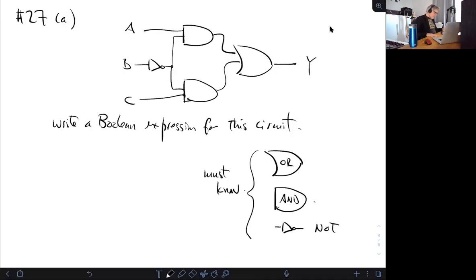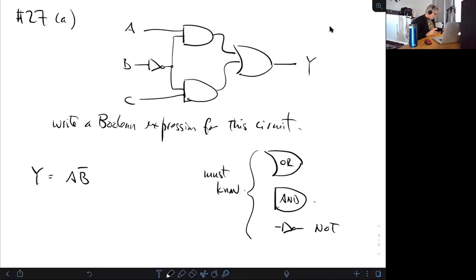So now I want an expression for this. The output Y is the OR of two ANDs. What are these ANDs? The top one is the AND of A and not B. So how do we write that? Like that, A B prime. You can use prime or over bar.